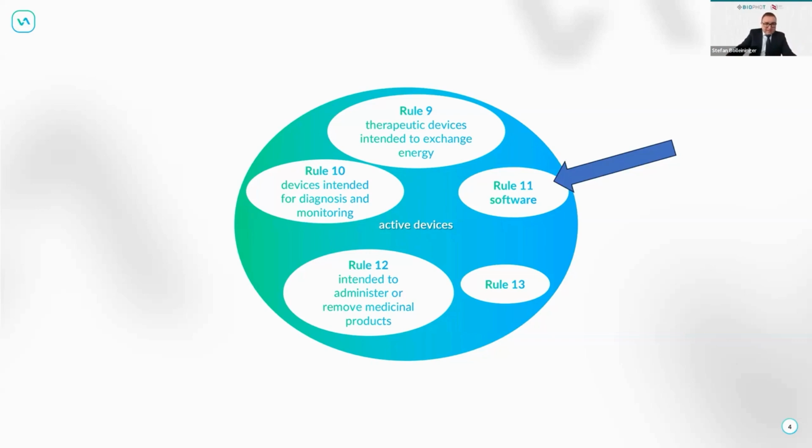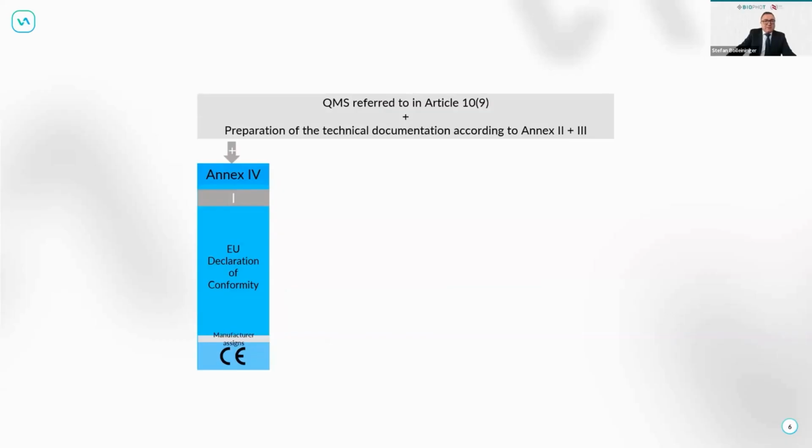However, I go straight to the next one, because you still need to consider the classification for the individual conformity assessment. As already said in the previous webinar, the quality management system is minimum Article 10.9, and also the technical documentation according to Annex 2 and Annex 3 is exactly the same for all kinds of medical devices.